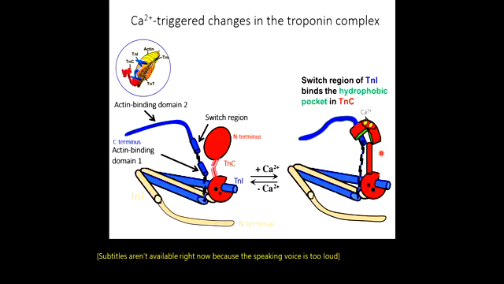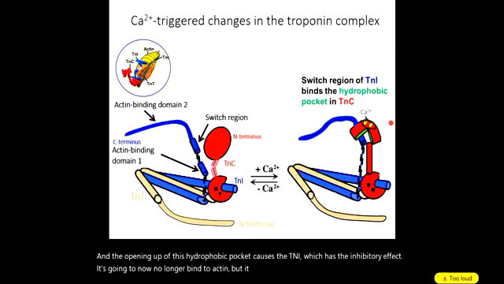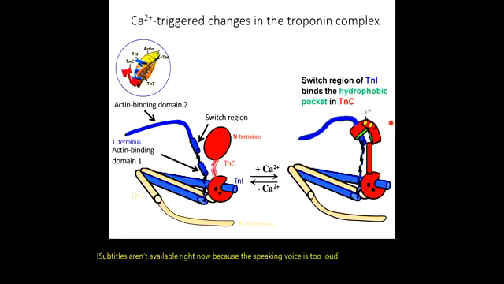And the opening up of this hydrophobic pocket causes the TNI, which has the inhibitory effect, to no longer bind to actin, but it binds to troponin C. And this structural change will lead to other changes which permit actin and myosin to interact. All right, so let's see how this takes place.